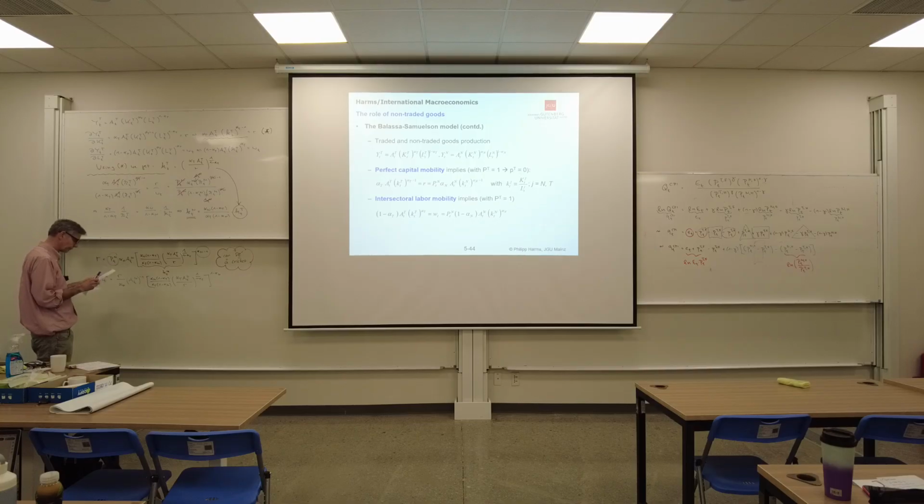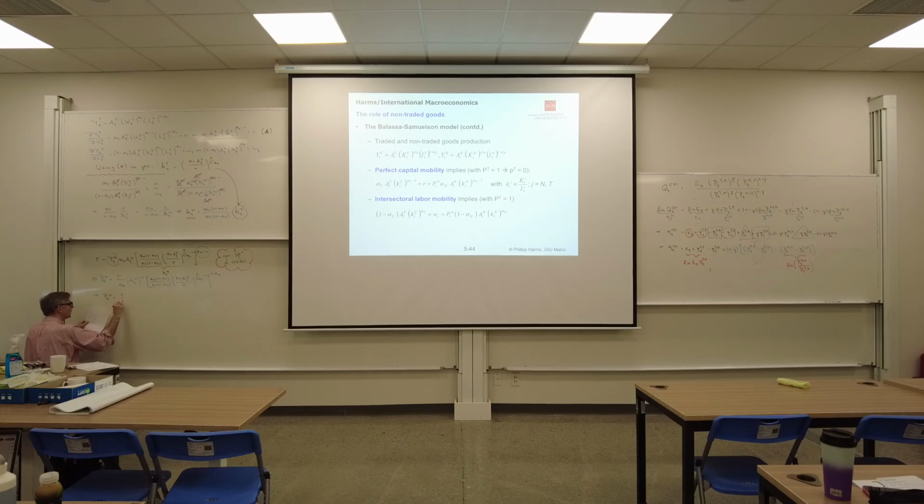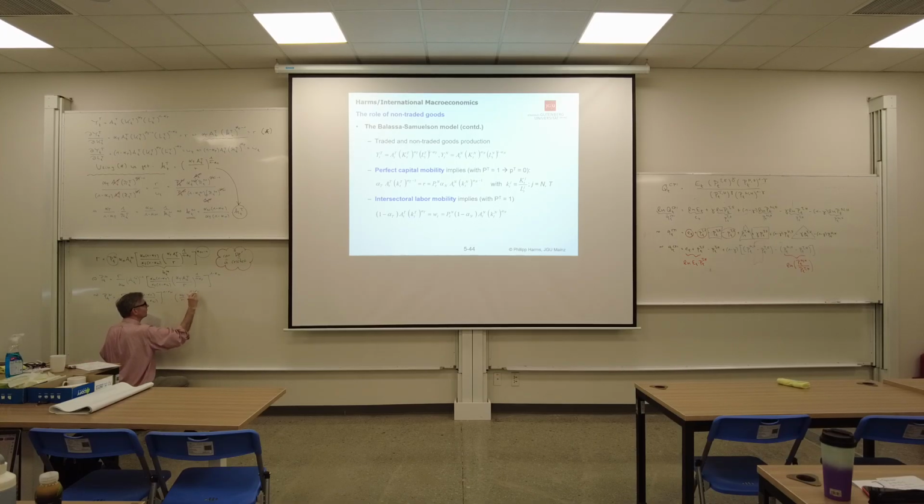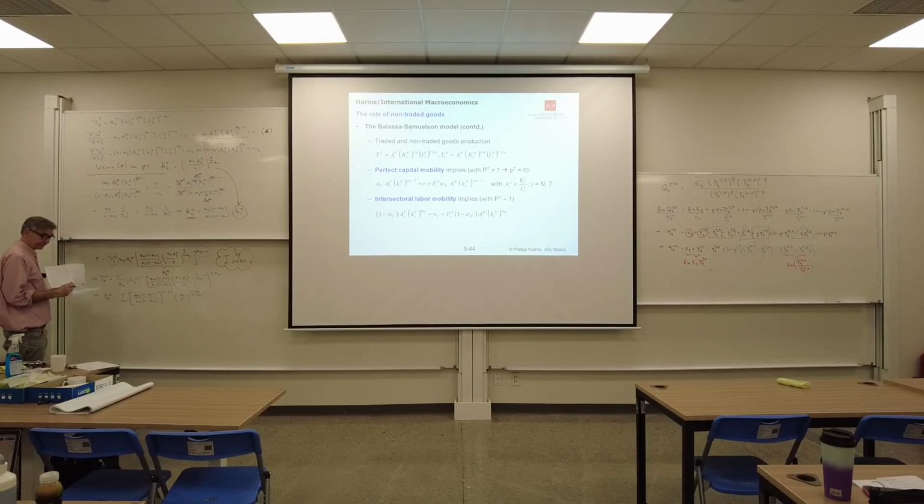basically ready to harvest. PTN equals R over alpha n, times alpha n 1 minus alpha T divided by alpha T 1 minus alpha n, to the power of 1 minus alpha n, times alpha T over R to the power of 1 minus alpha n over 1 minus alpha T. That's a lot of stuff.